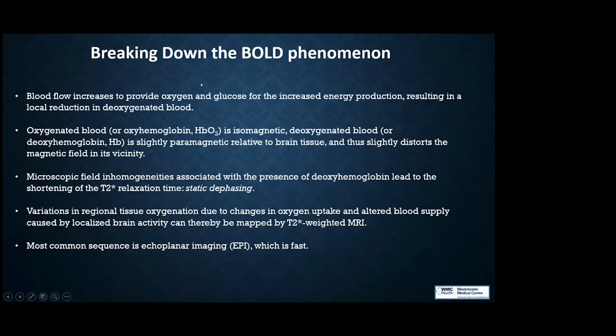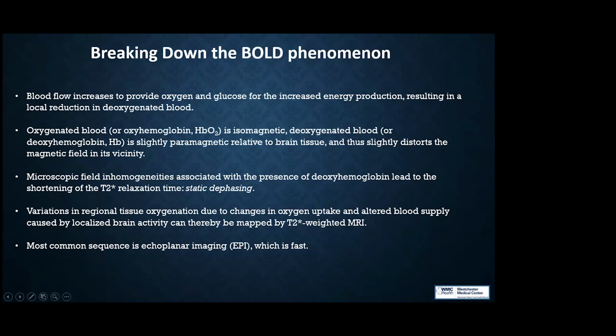So let's go one step further and talk about the BOLD phenomenon. As I mentioned, blood flow increases to provide oxygen and glucose to increase energy production in those areas that are becoming active. Oxygenated blood, or oxyhemoglobin, is isomagnetic. Deoxygenated blood is slightly paramagnetic, and as a result, distorts the local magnetic field.